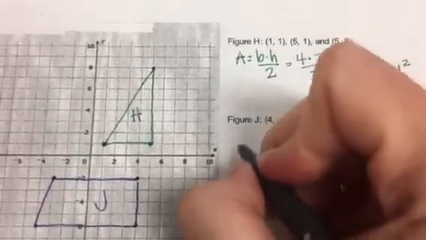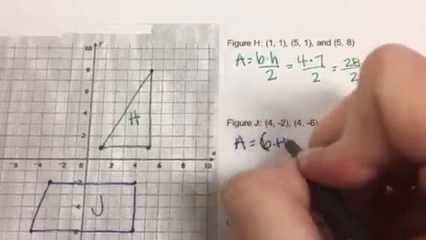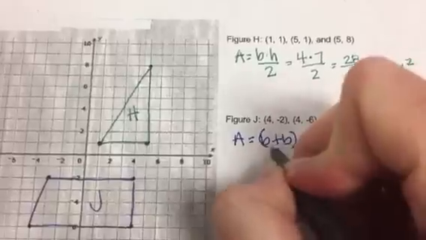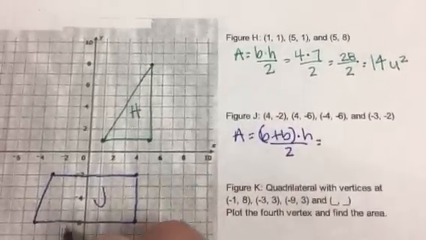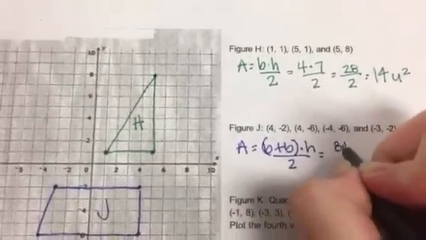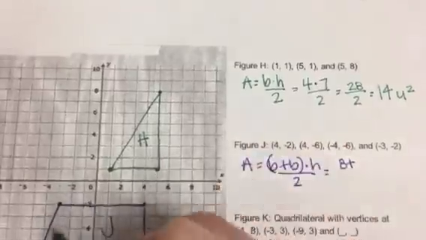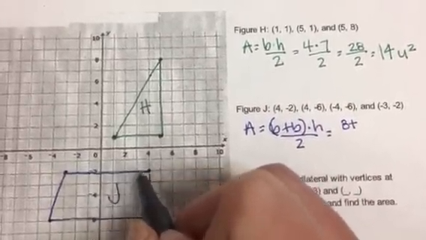Figure J is a trapezoid, so to find the area of that trapezoid, we're going to have to do base plus base, and then multiply that by the height, and then of course divide it by 2. So the first base is 1, 2, 3, 4, 5, 6, 7, 8. We're going to add that to the second base, which is up here, which is 1, 2, 3, 4, 5, 6, 7.